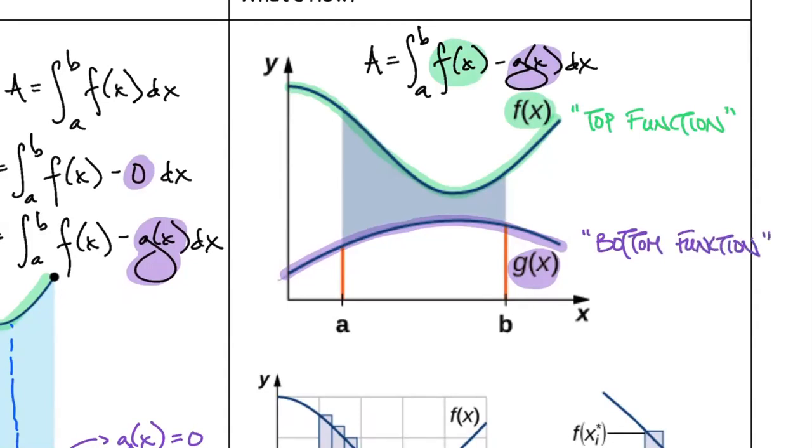And so I just want to take a moment and clarify what I mean here, top function and bottom function. When I say top function, I literally mean that it is further away from the x-axis. So the x-axis is all the way down here. And if I were to start from the x-axis and go straight up, the second one that I get to is my top function.